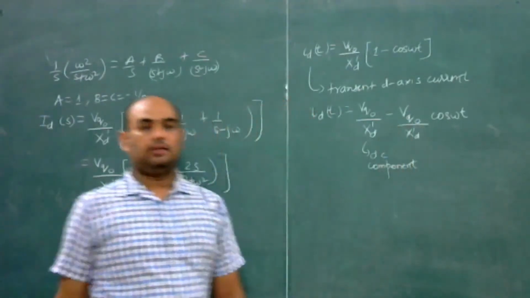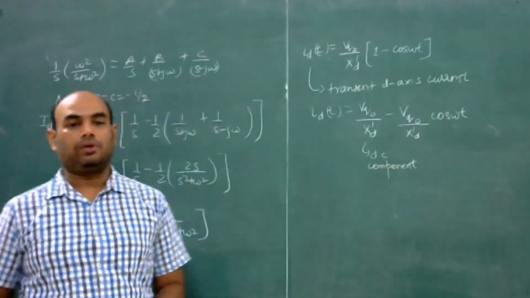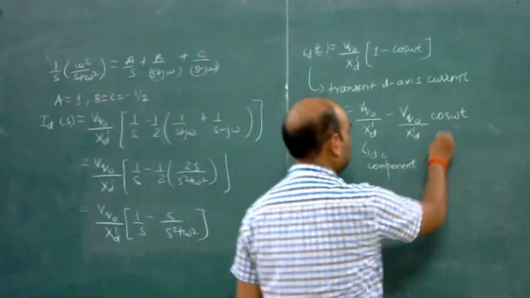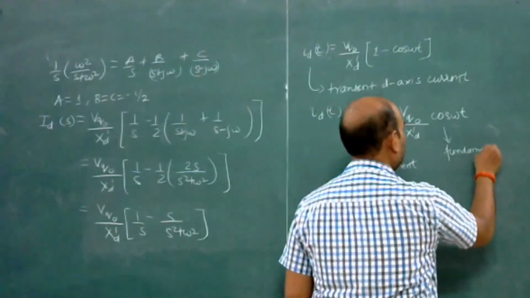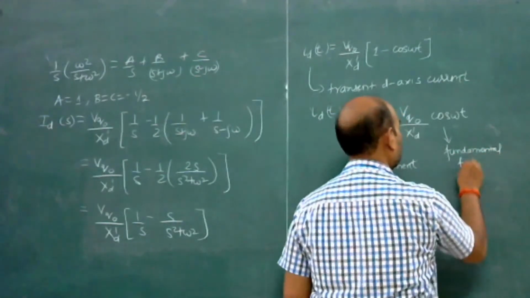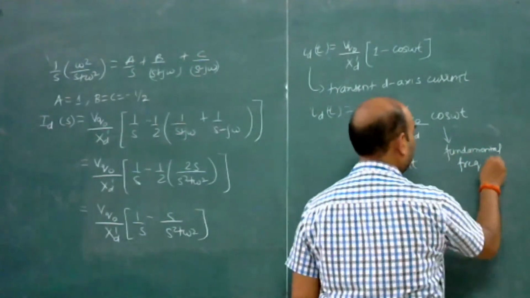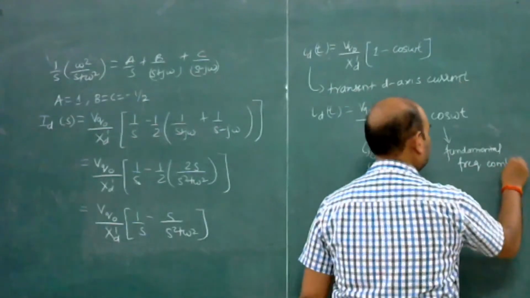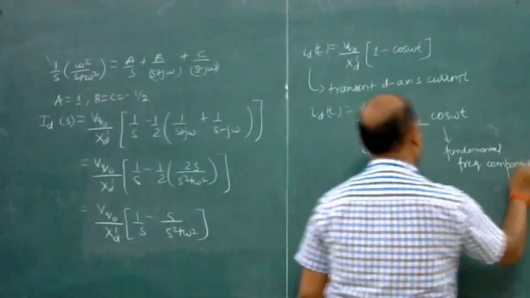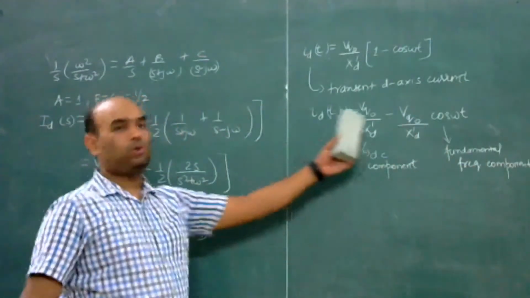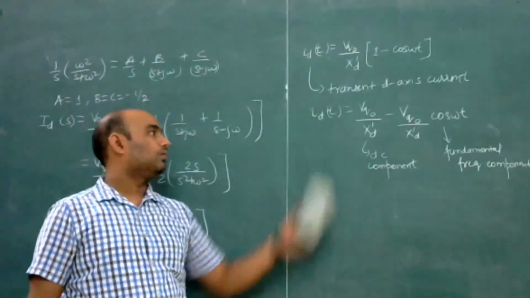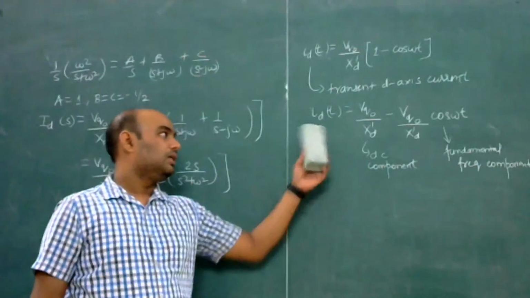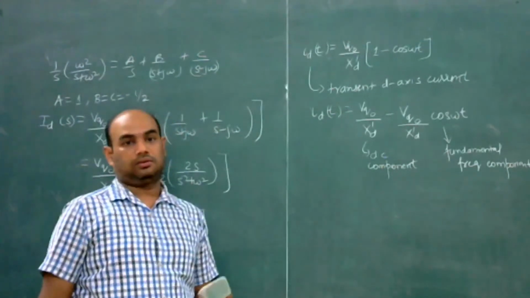Okay, and the other one is the fundamental frequency component. Okay. So this is the value of transient d-axis current when a sudden three-phase short circuit occurs.